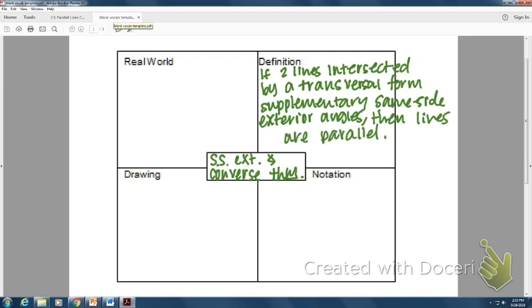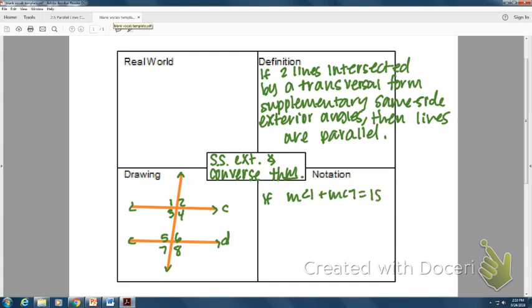The last drawing. Okay, what angles would need to be supplementary? Very good. Measure of angle 1 plus the measure of angle 7 equals 180. Then line C is parallel to line D.